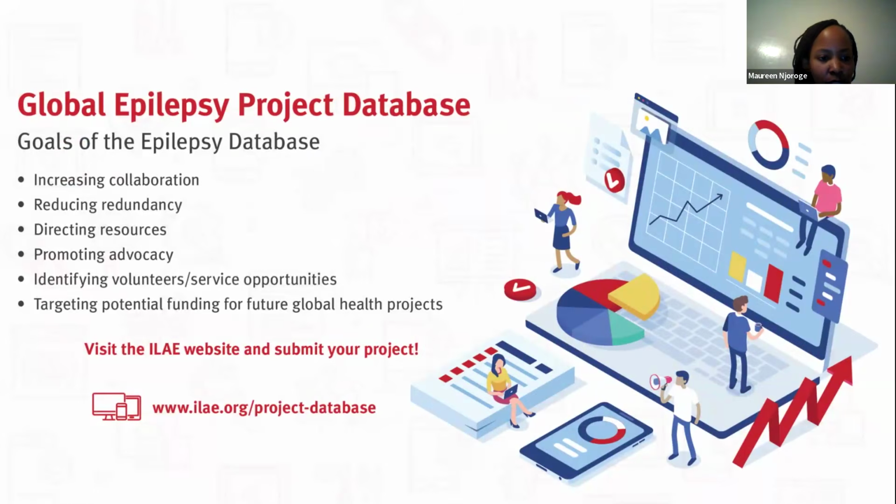It also promotes advocacy, identifies volunteers and service opportunities, and targets potential funding for future global health projects. So kindly visit the ILAE website and submit your project. The website is as listed there at www.ilae.org, project database.